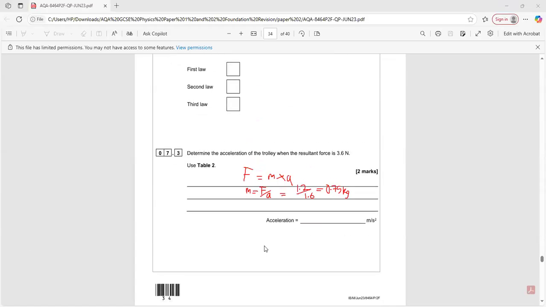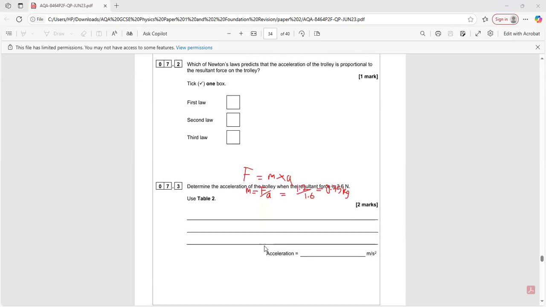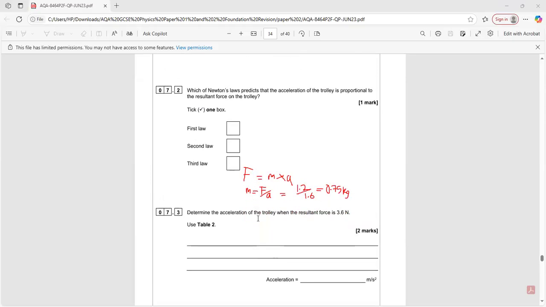Let's move down a bit. They now said we should find the acceleration of the trolley when the resultant force is 3.6. This time we're no more looking for mass, we're looking for acceleration. Still, F equals ma, therefore acceleration will be equal to F over m.